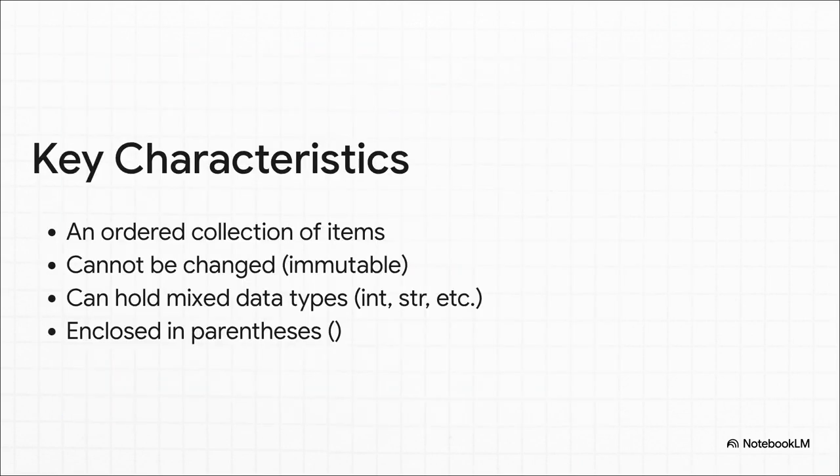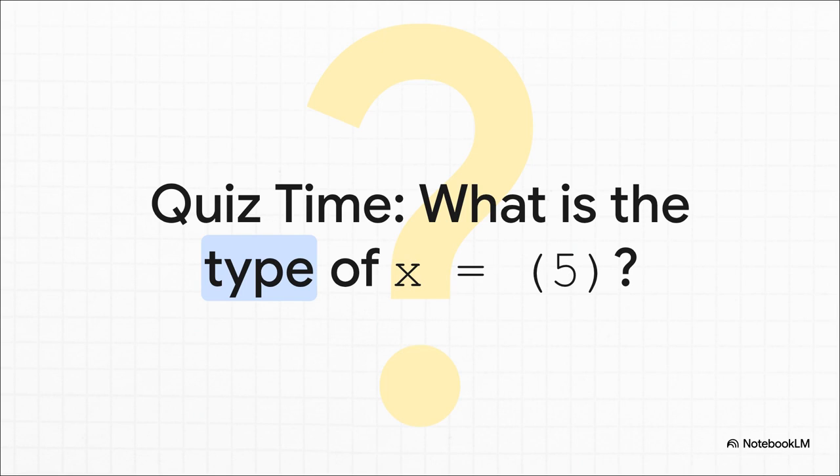So here's the deal. A tuple is ordered just like a list, which means you can grab items by their index number. It also allows for duplicate items. But its defining superpower, the one thing that really sets it apart, is that it's immutable. That's the trade-off, right? You give up the ability to change it, but in return, you get rock-solid data integrity and safety.